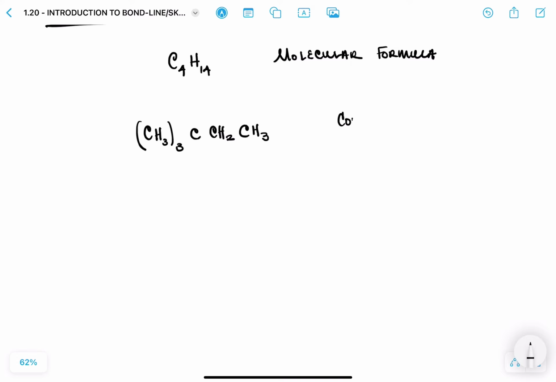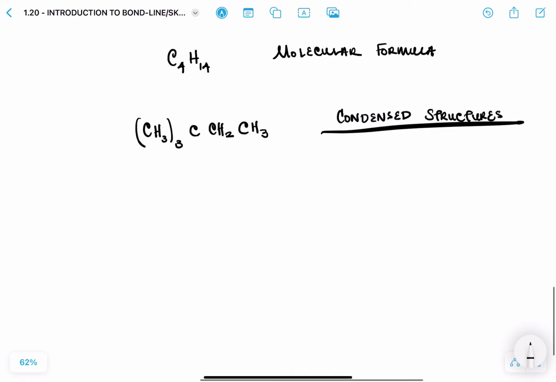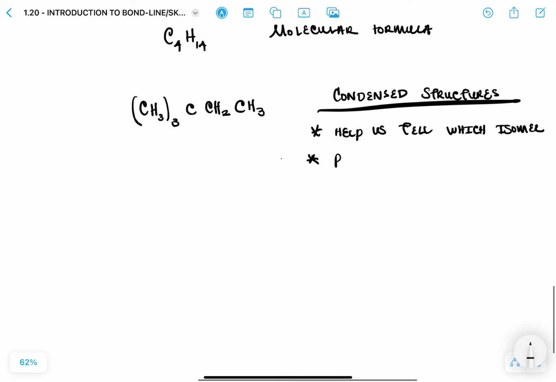And a couple things about condensed structures that we need to take note of. Condensed structures essentially help us tell which isomer it is. So that's the first thing. The second thing is parentheses.